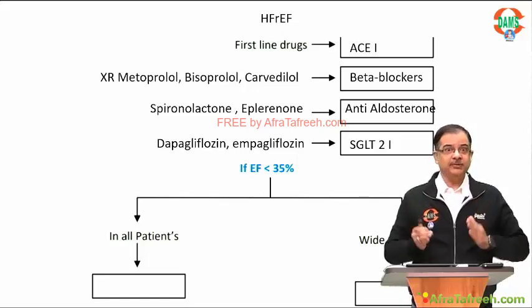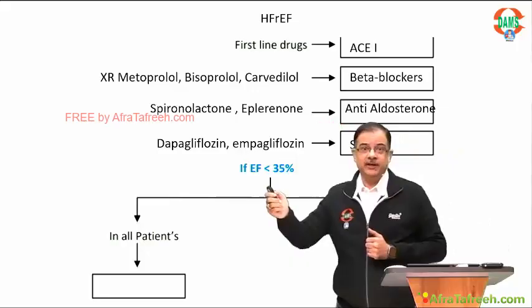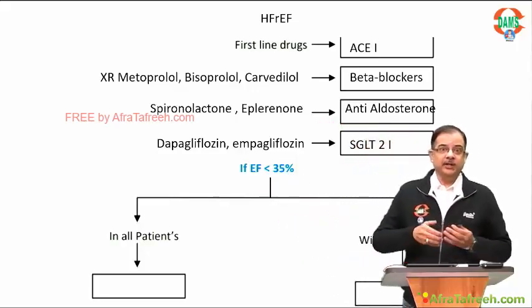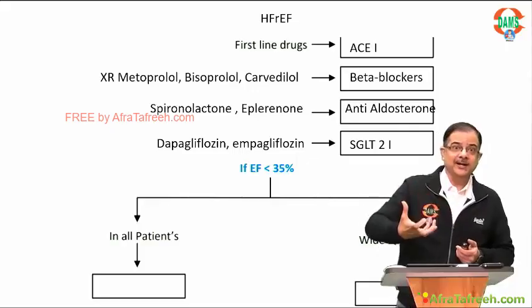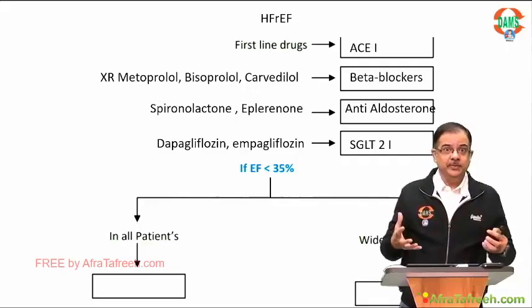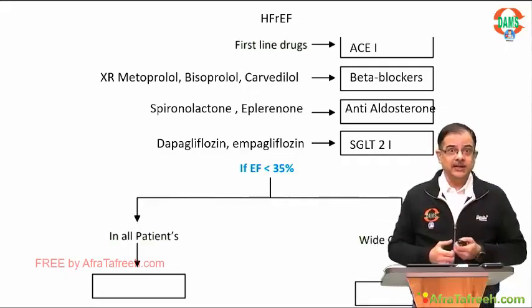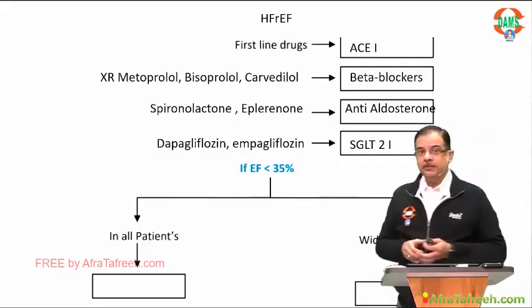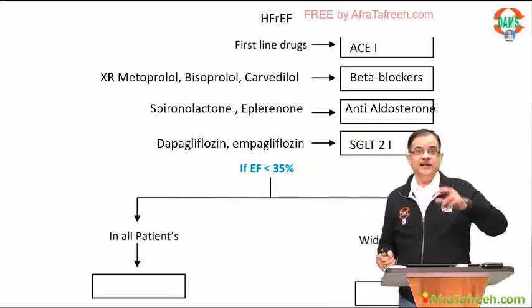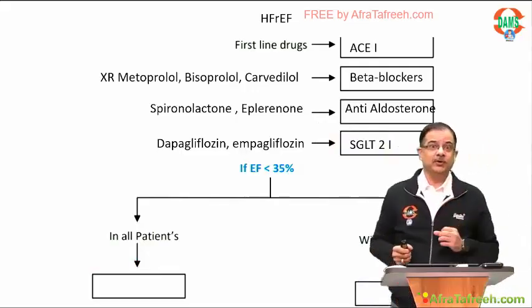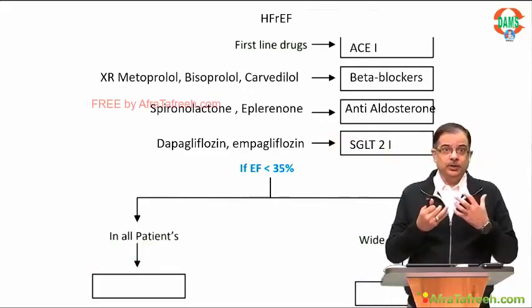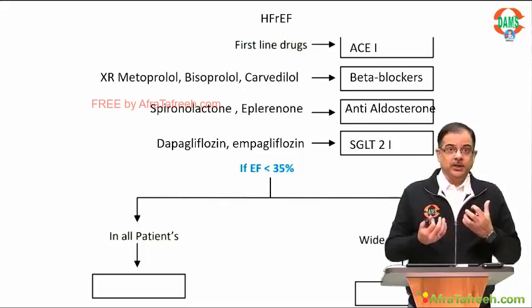Now, after 3 months, if the ejection fraction remains less than 35%, the patient has a high risk of sudden cardiac death. Whenever ejection fraction goes down, arrhythmias occur and that causes sudden cardiac death. So in all patients with ejection fraction less than 35% in spite of maximum doses, plan for a device procedure.